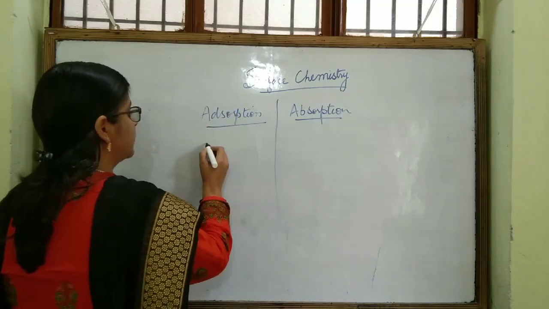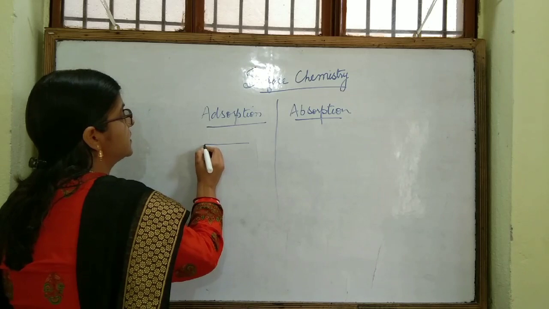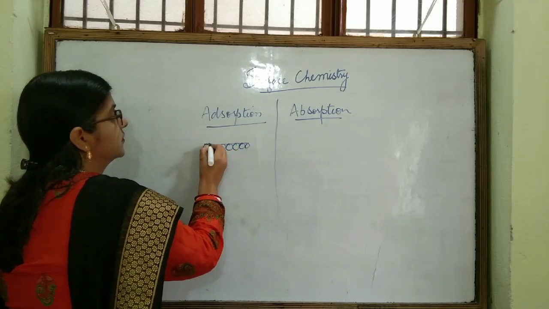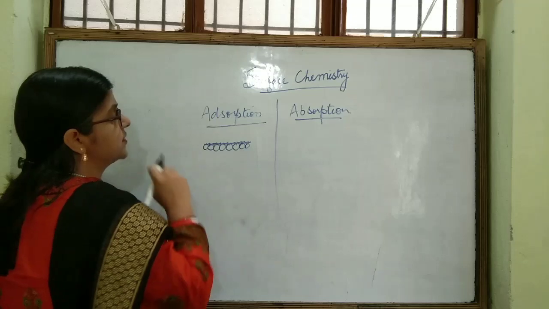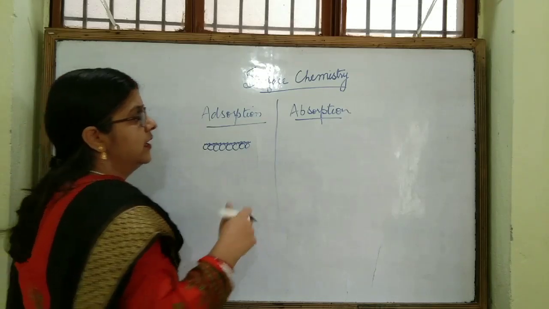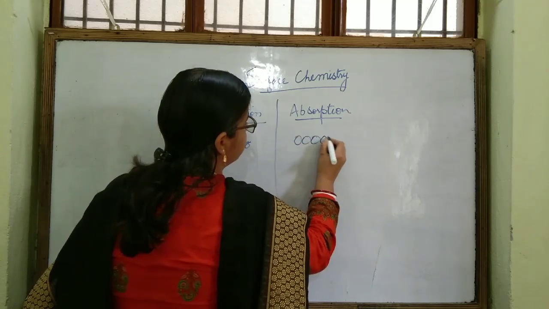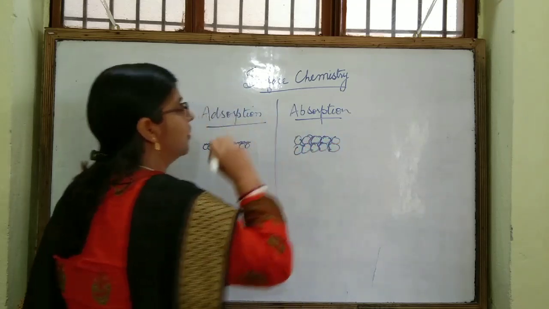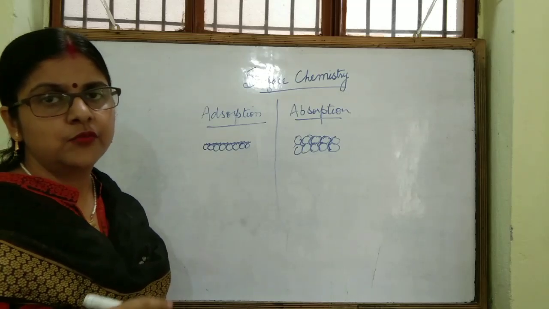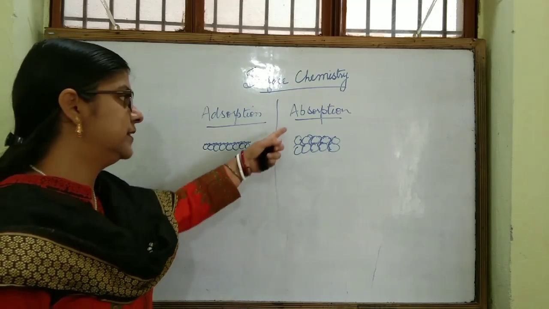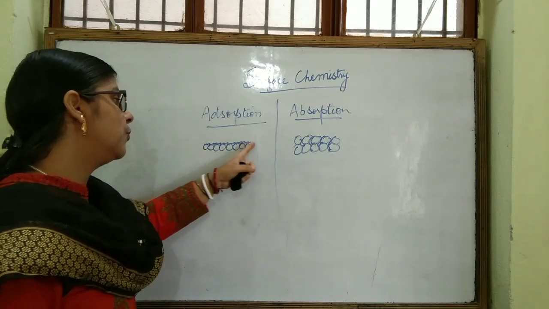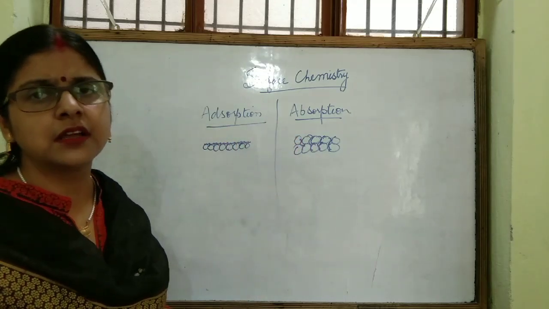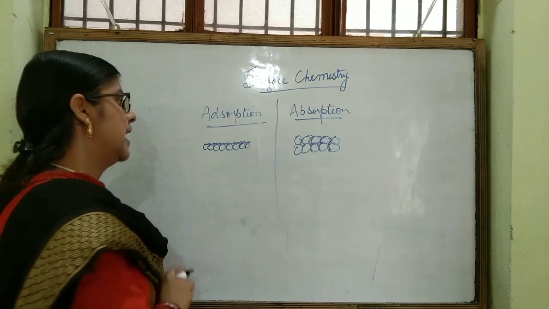So, adsorption is when species of one substance get concentrated on the surface of another substance, and absorption is a phenomenon in which species of one substance get distributed throughout the bulk, throughout the body, of another substance. Adsorption takes place only on the surface, and when the substance is distributed throughout the bulk of another substance, it is known as absorption.